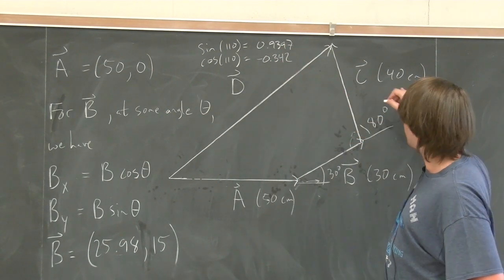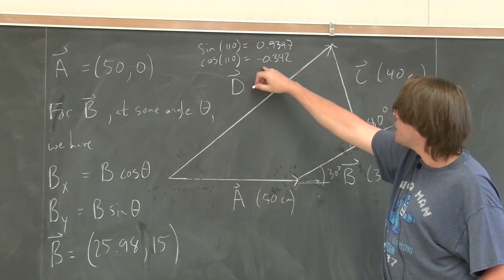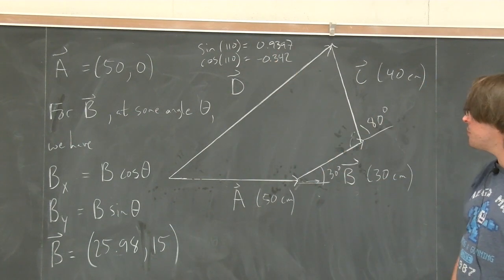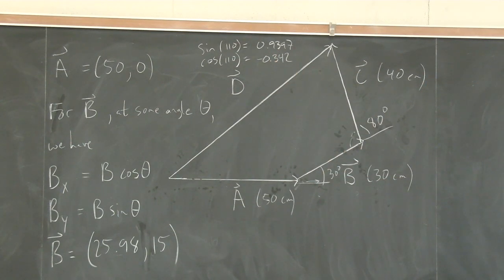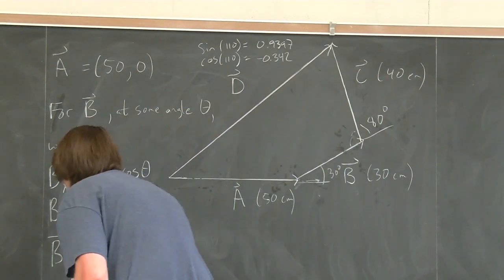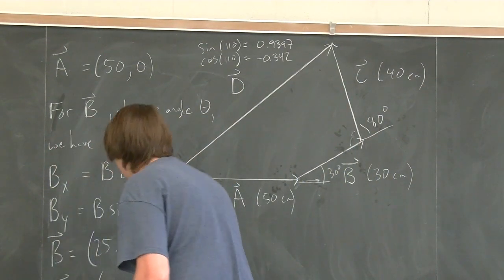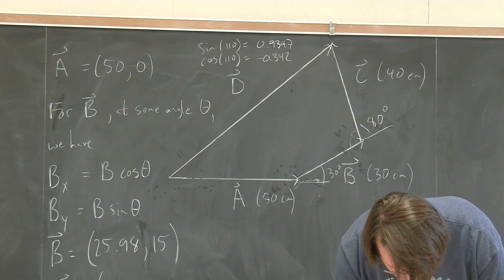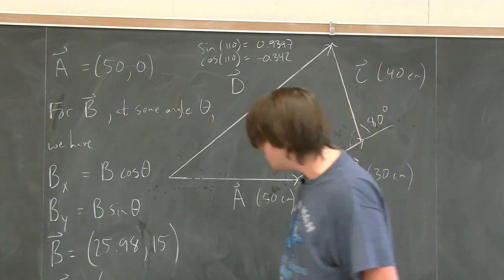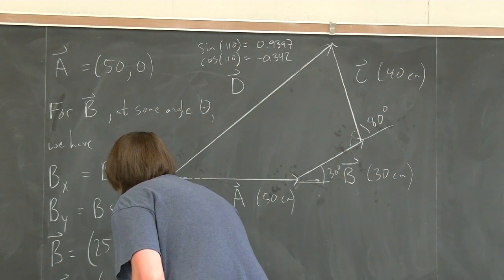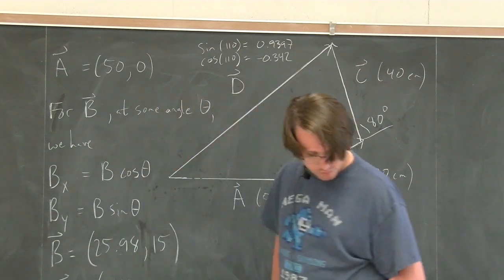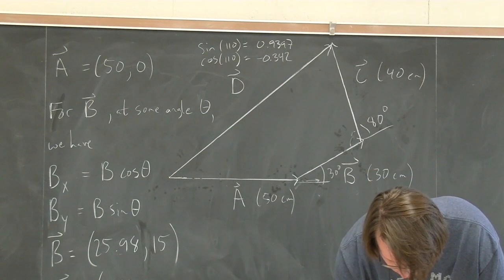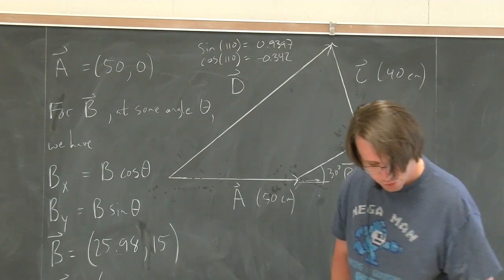So for the x component, I multiply 40 by negative 0.342, and for the y component, multiply 40 by 0.9397. And so that gives us 13.68 and 37.59.